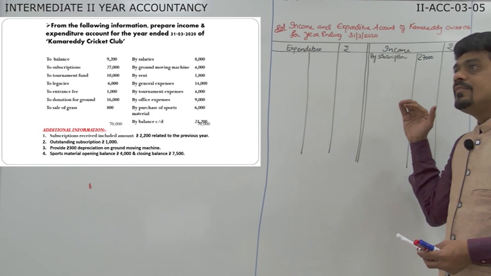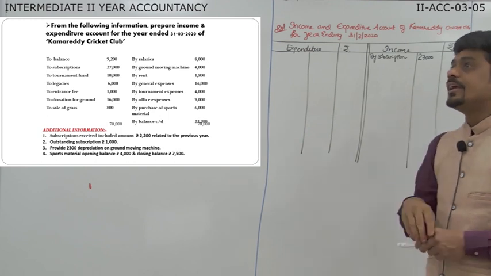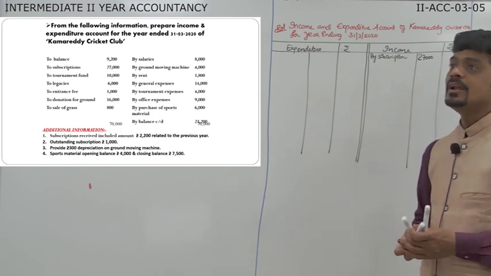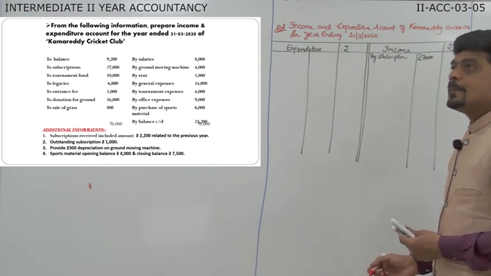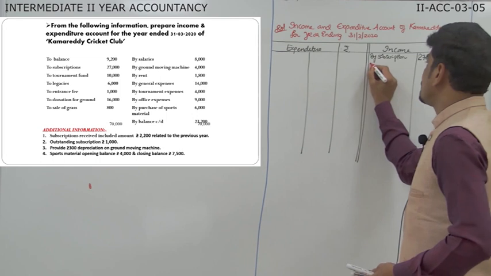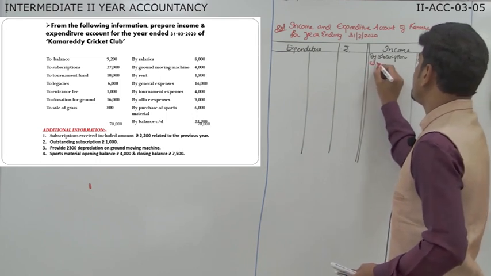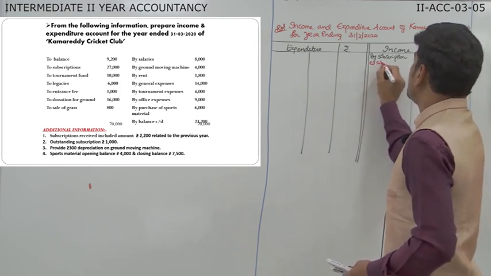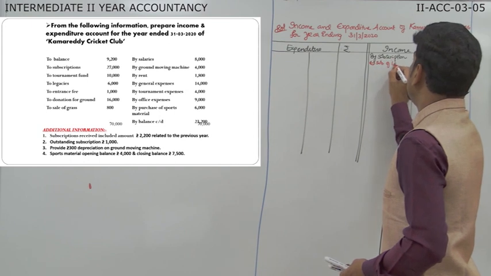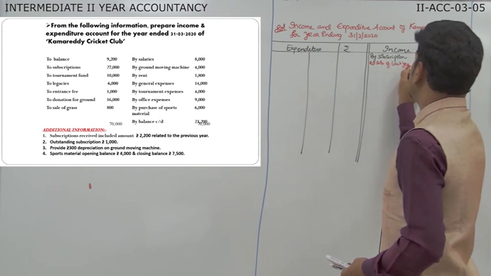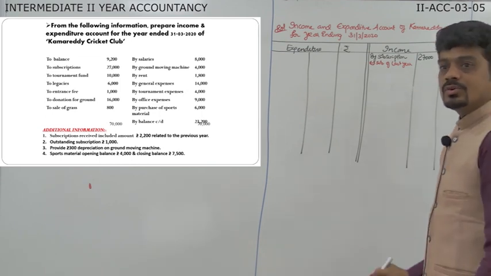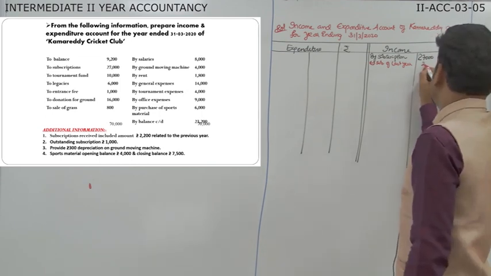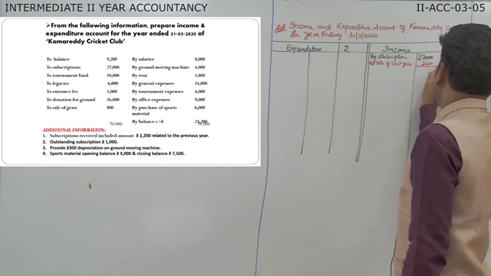Today I am giving the adjustment then and there. Second technique. Whichever you are feeling comfortable, you can do. So subscription. Relating to which year? Previous year. So we'll minus subscription of last year. Like that we'll give adjustment simultaneously today. Amount is 2,200. So we'll subtract 2,200.